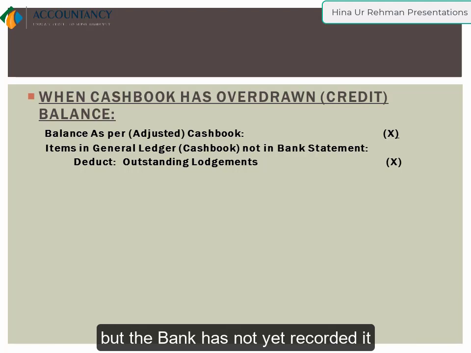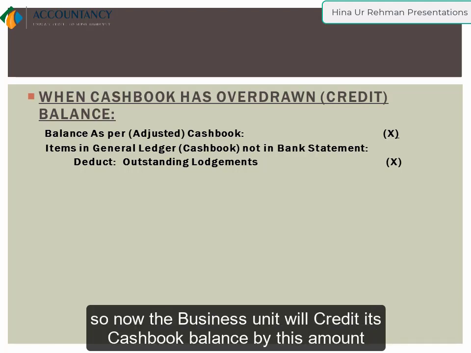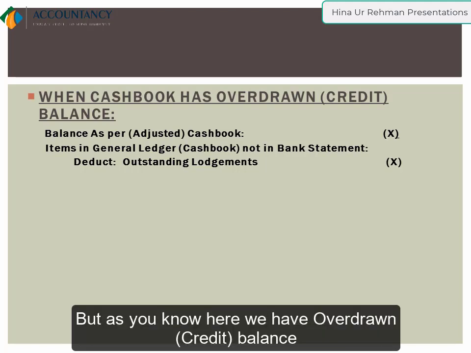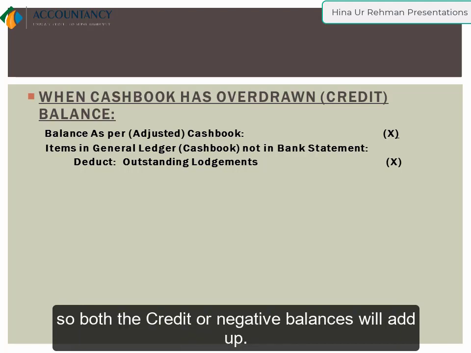But the bank has not yet recorded it. So now the business unit will credit its cash book balance by this amount by deducting this amount from the balance. But as you know, here we have an overdrawn credit balance, so both the credit or negative balances will add up.